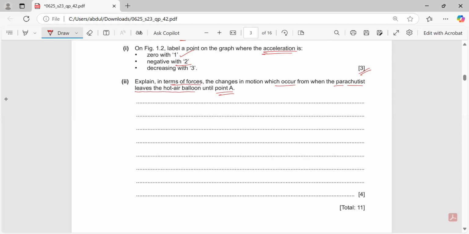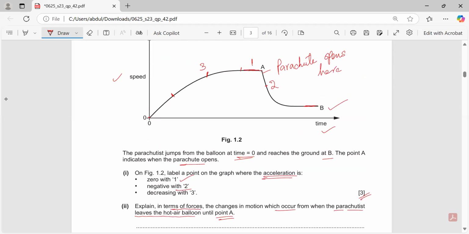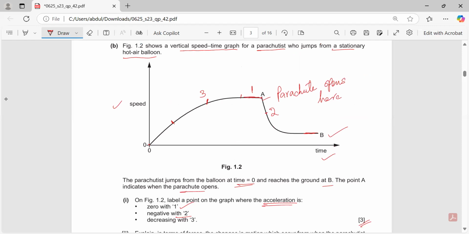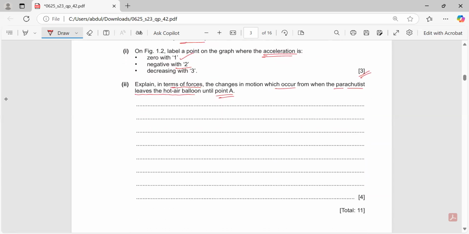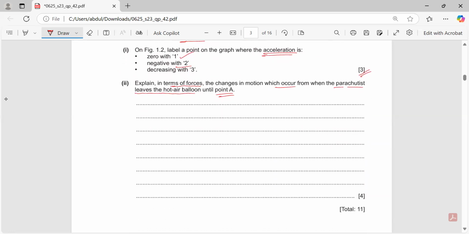My dear friends, in this case, until point A means up to here. We have to discuss all of this just up to point A, not after point A when the parachute is opened.